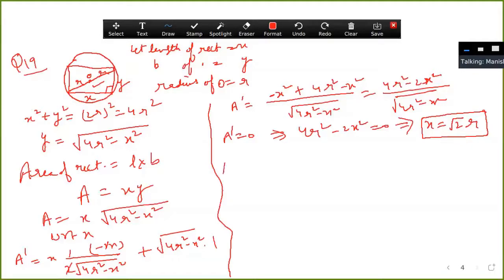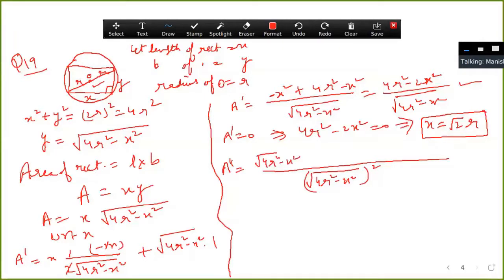The second derivative means u upon v you have to apply on this. What are you getting? Under the root 4r square minus x square whole square. This is as it is. 4r square minus x square as it is. And derivative of this becomes minus 4x.